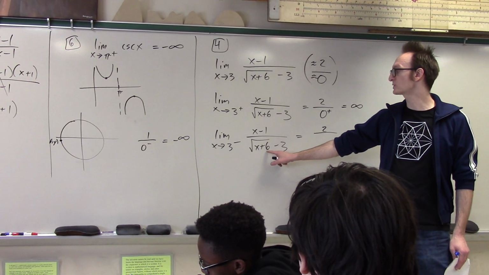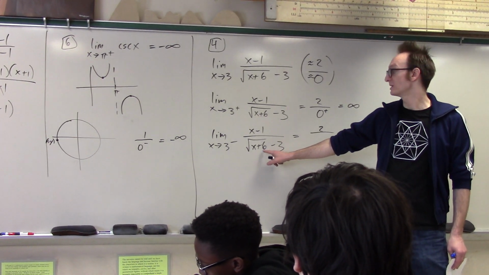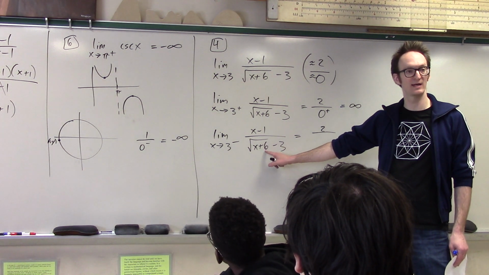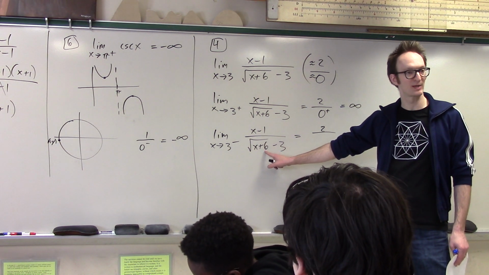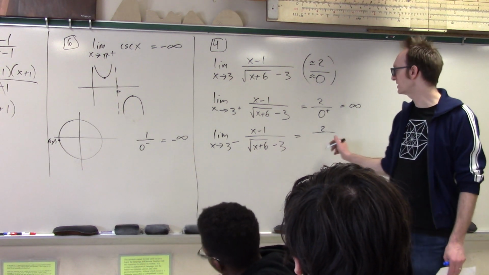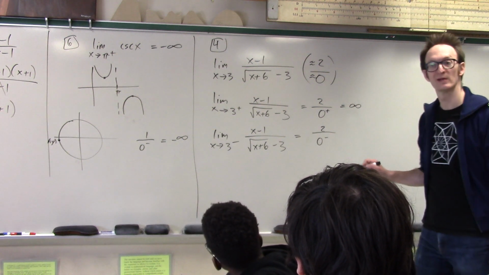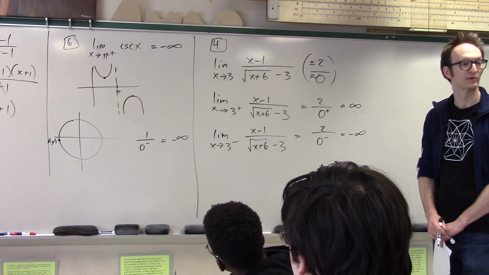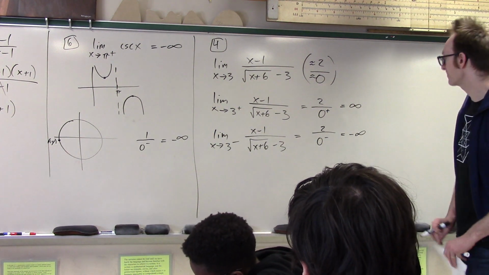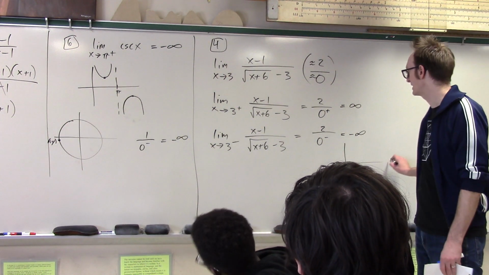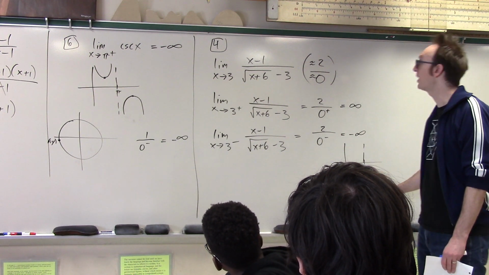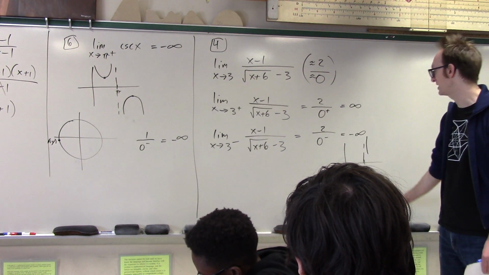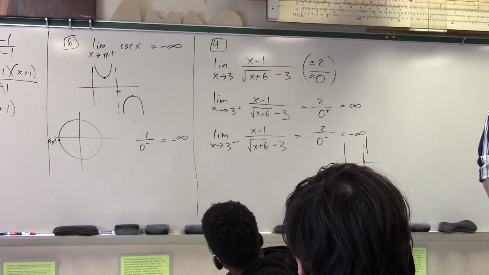And if I take the square root of a little bit less than 9, then it's a little bit less than 3, and 3 minus 3 is a tiny negative. And 2 over a tiny negative is a huge negative. Cool? So what we're expecting is that on one side of 3 this goes up to infinity, and on the other side of 3 it goes down to negative infinity.